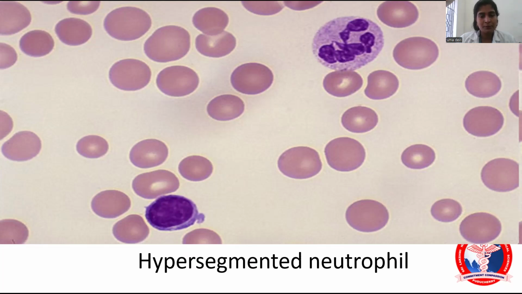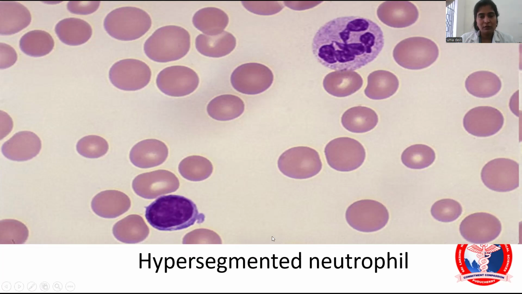And this is again a neutrophil morphology. Normally the segments can be 3 to 5. But here the WBCs have 1, 2, 3, 4, 5, 6, almost 6 segmentations, right? So these are called hypersegmented.